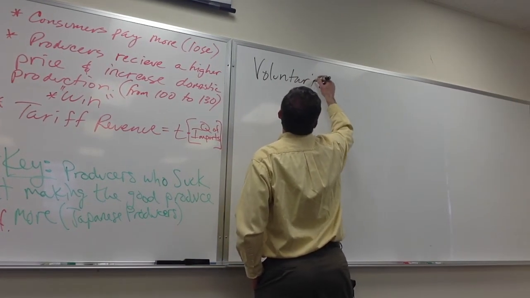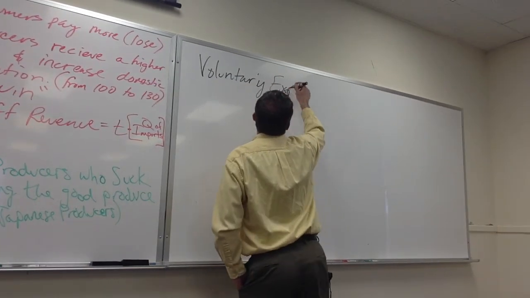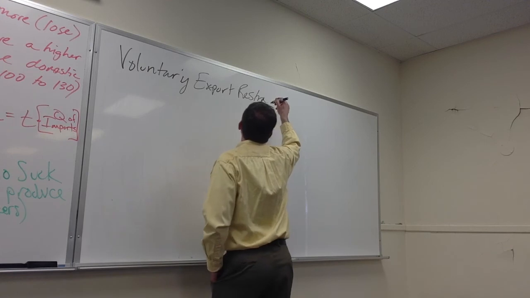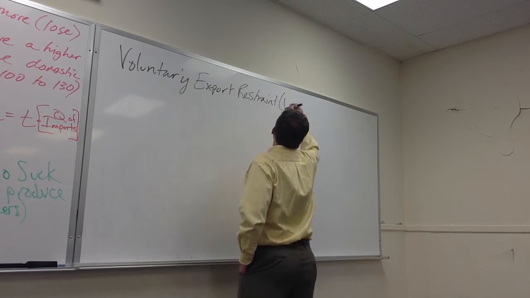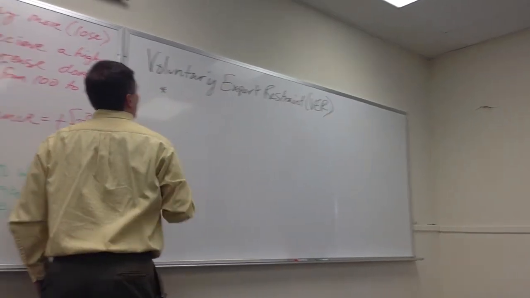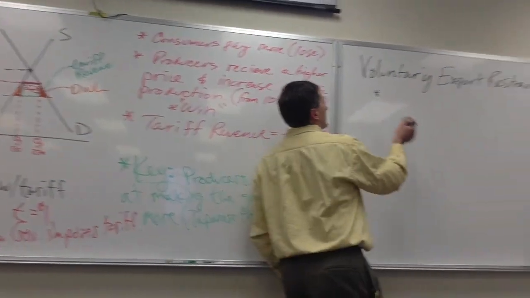And so they invented a new policy called a voluntary export restraint. This is a VER. It's tied into this. And I'm just going to tie it right back to our example here.